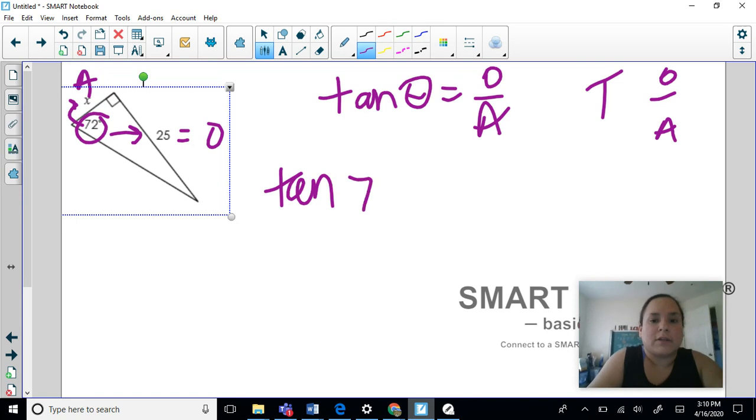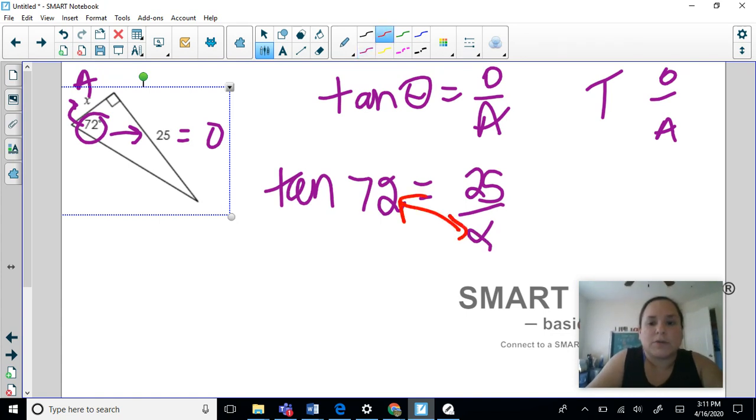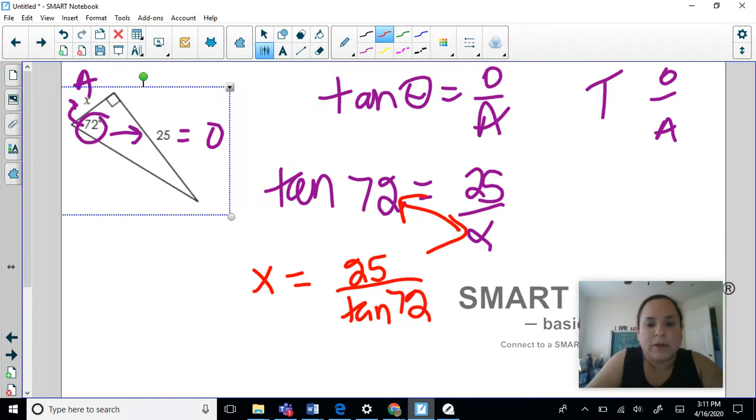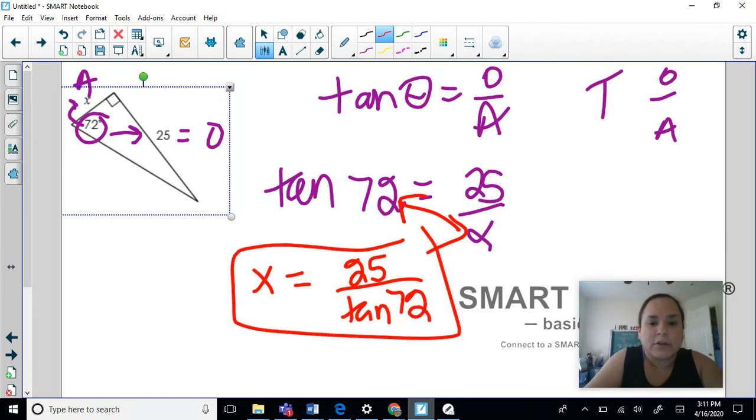Tangent of 72 equals 25 over x. Now I'm going to do that really quick trick where you just switch these two positions. So x equals 25 divided by tangent of 72. And then that's our final answer.